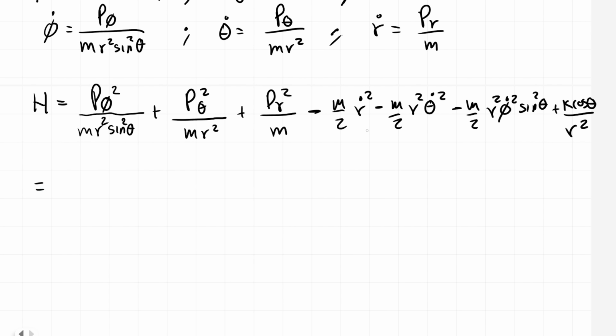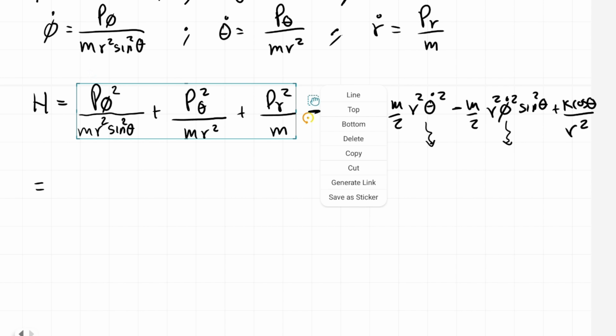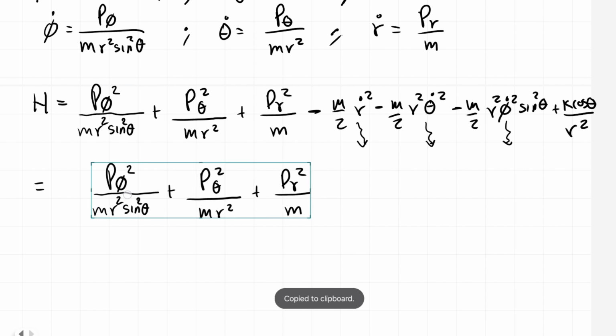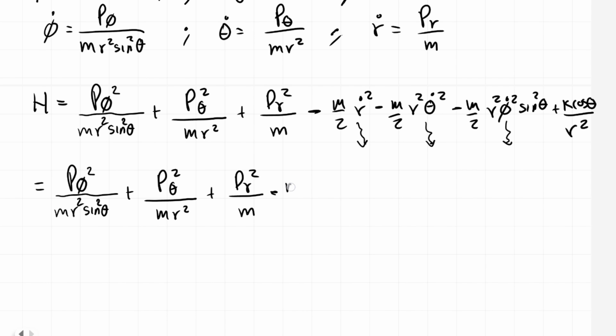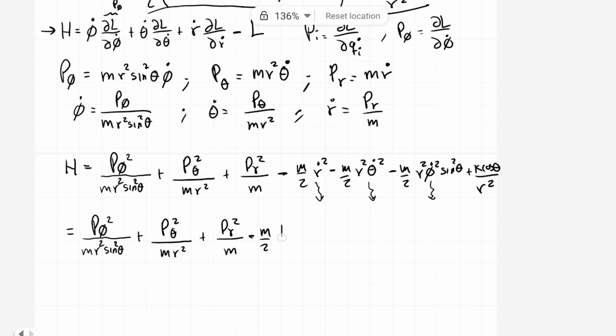Well, as you can see, we need to change these r dot, theta dot, and phi dot to the p variables. So we will get here the same thing for this expression. And for this, we will get minus m divided by 2 r dot squared, but that is p r squared divided by m squared.